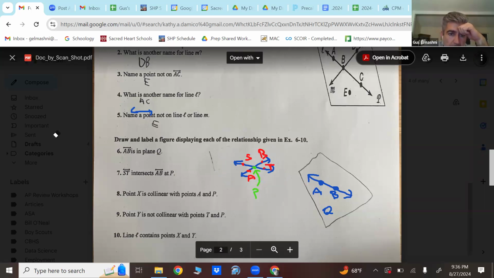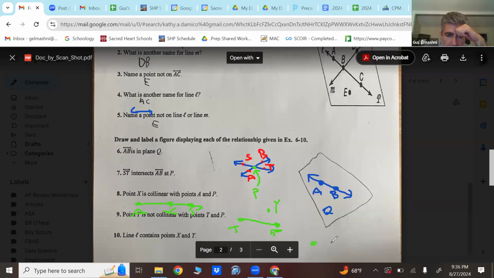Point X is collinear, meaning they're all just on the same line. Exactly right. So APX, something like that, right? Point Y is not collinear. So there's TP, and Y is just somewhere off to the side.